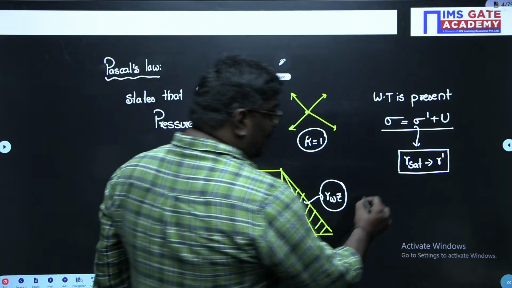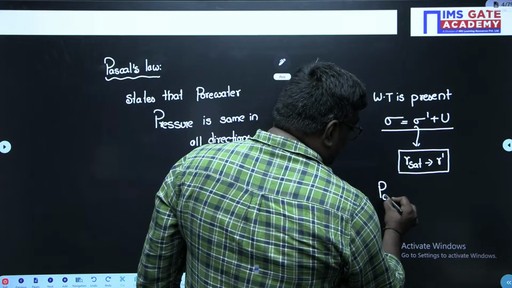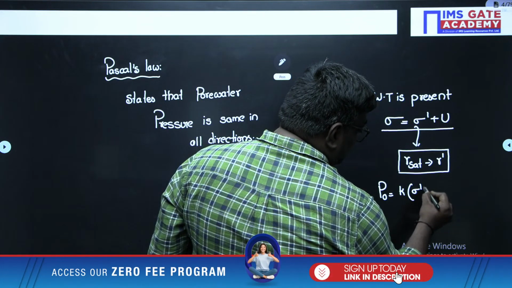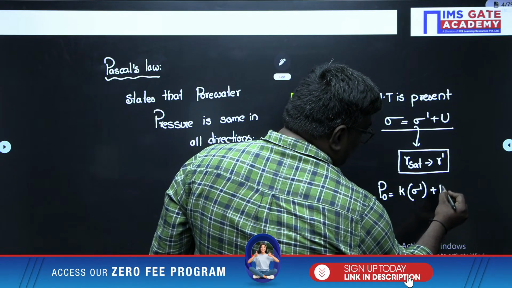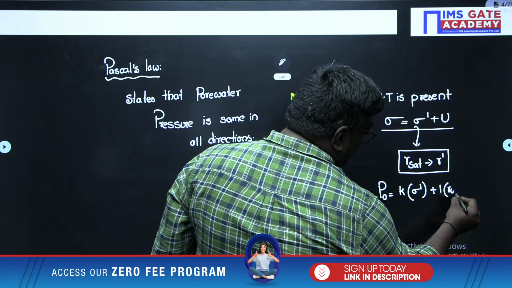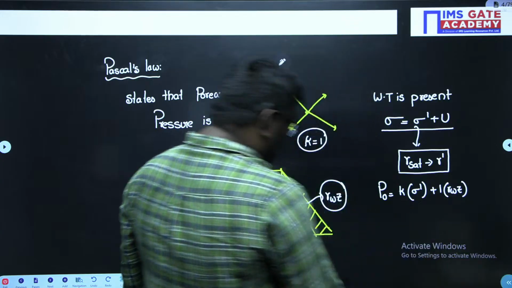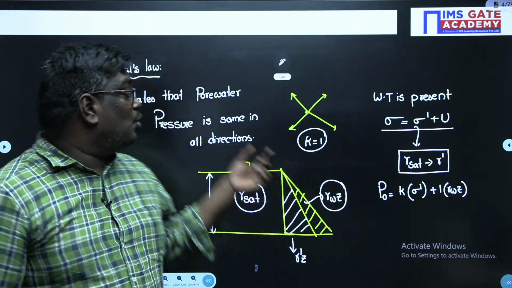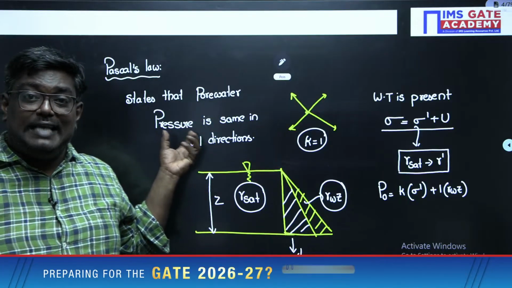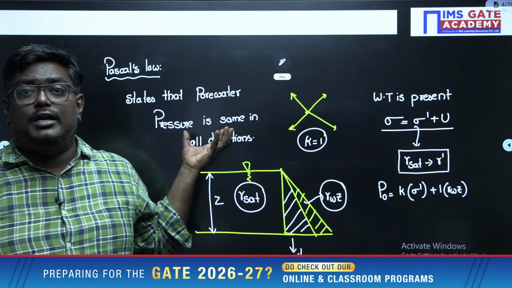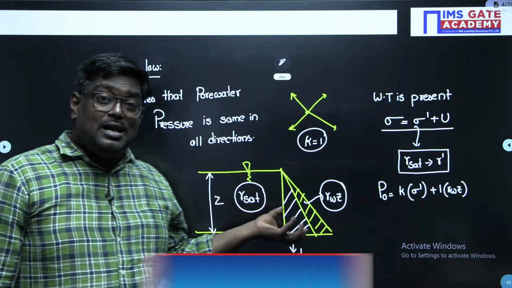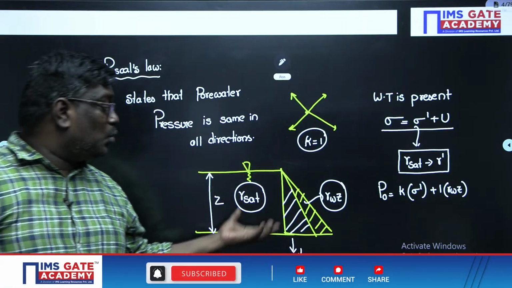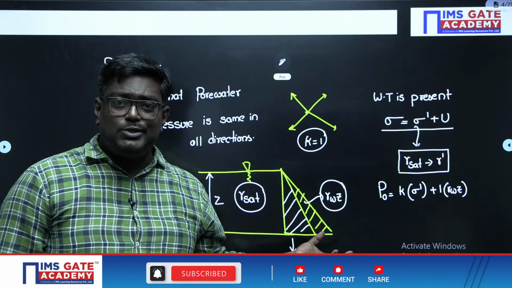That is the reason when you calculate the pressure, you should write it as K into sigma dash plus 1 into gamma W into Z. Why are we solving in this way? You should know that Pascal's law says pore water pressure is the same in all directions. Hence, the total stress should be written as effective stress plus pore water pressure. Agree, my dear students?